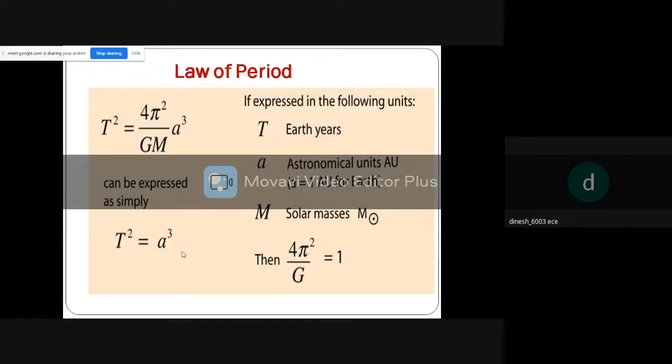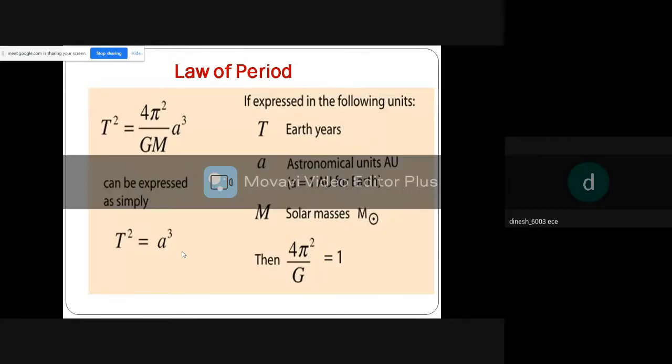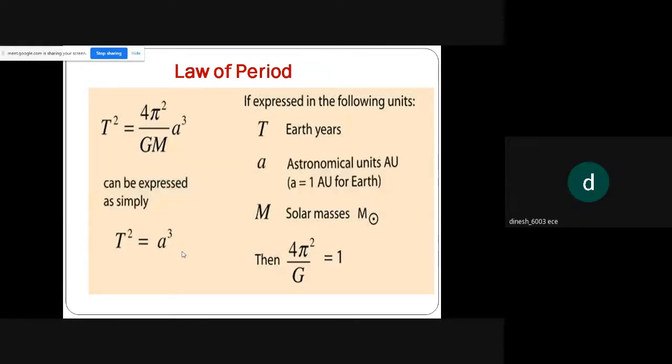Mu is GM, in solar masses, where 4 pi square by G will always be 1 and mu differs. So simply the period of revolution is proportional to A cube. This is the law of periods, Kepler's third law.